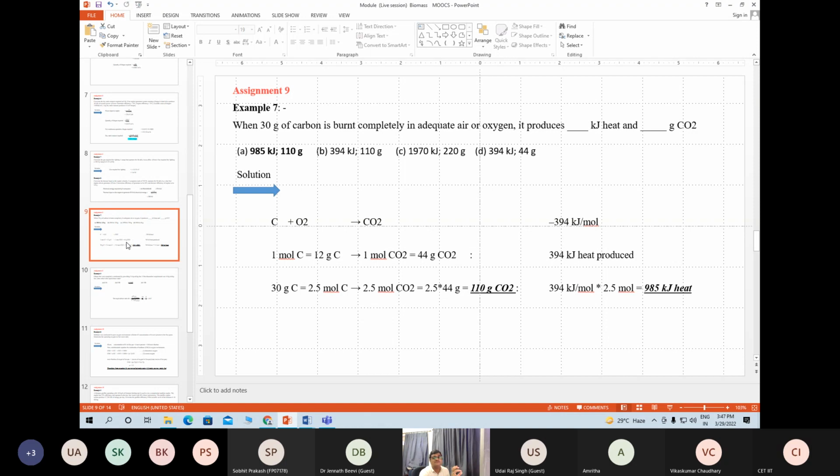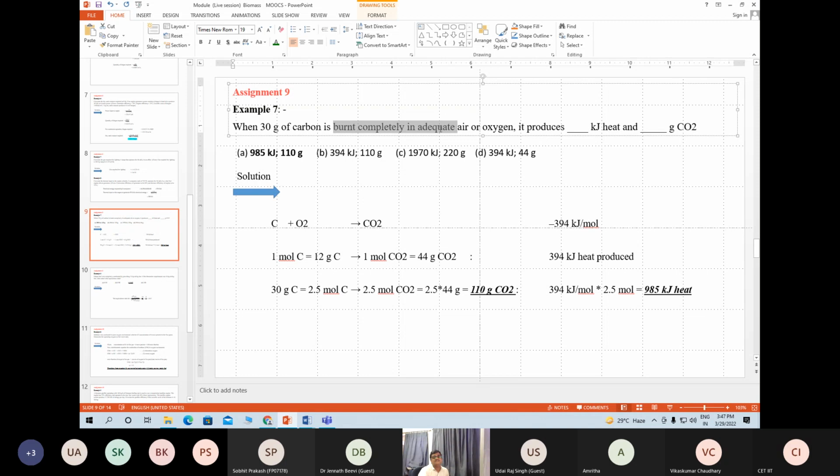Say, for example, you have 30 gram of carbon and you are burning this carbon completely, so there is a complete combustion of that carbon when you are using air or oxygen as an oxidizing agent in the specific system. So it produces this much kilojoule of heat and this much gram of CO2.